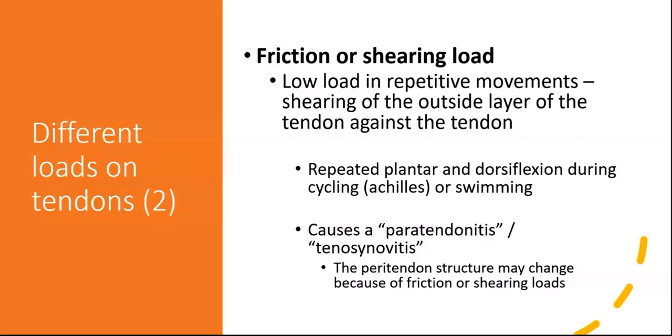For instance, repeated plantar and dorsiflexion movements during cycling in the Achilles tendon, or during swimming. And that can cause what we call a paratendinitis or a tenosynovitis. One thing which is also interesting to know is that in that case the peritendon structure may change because of those friction or shearing loads.